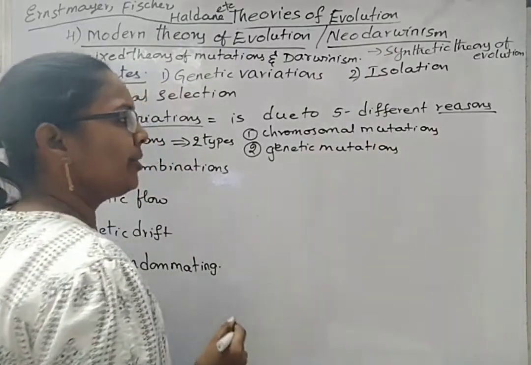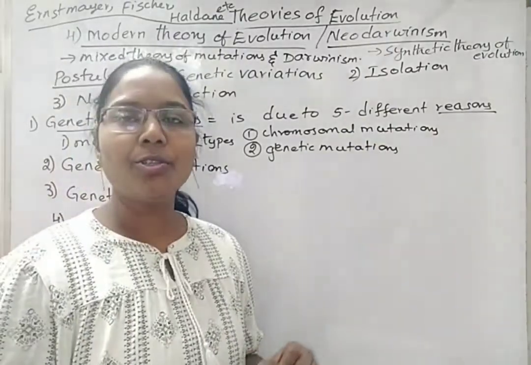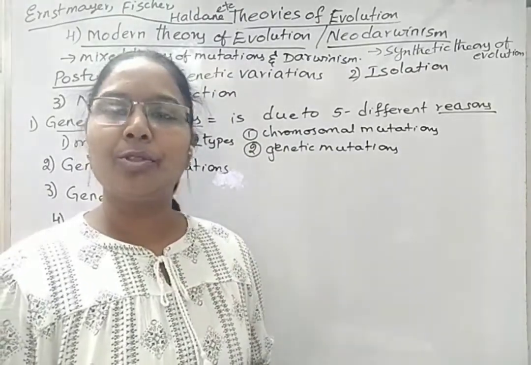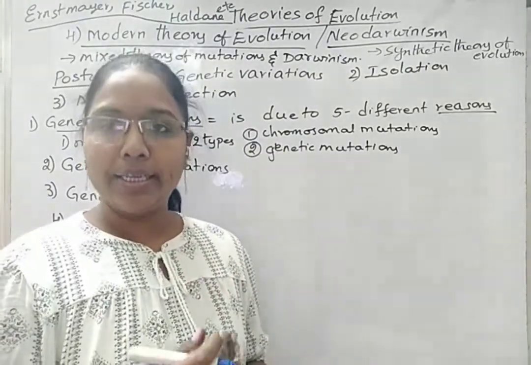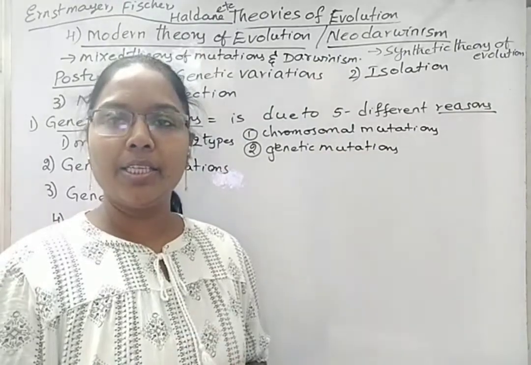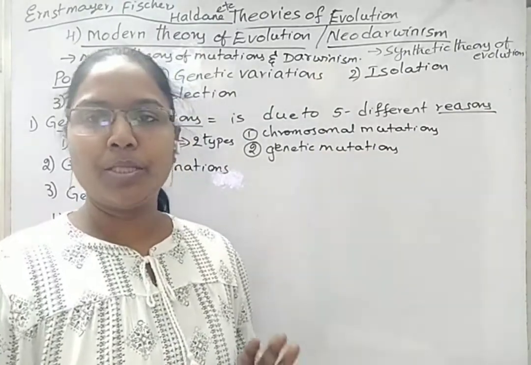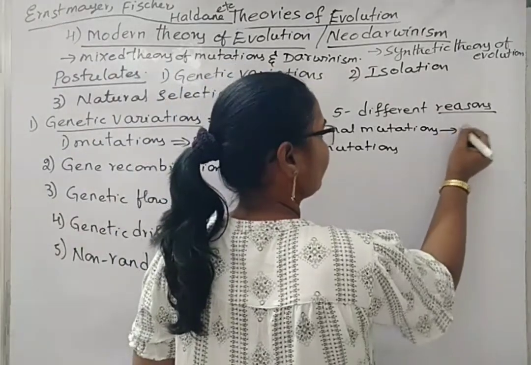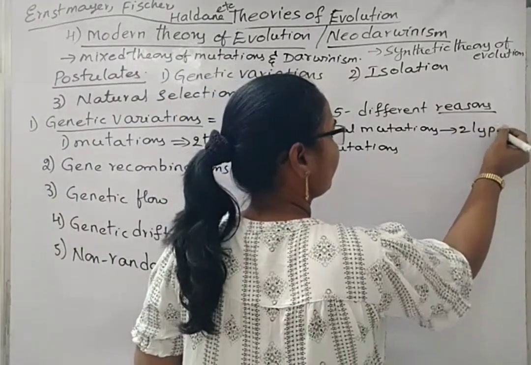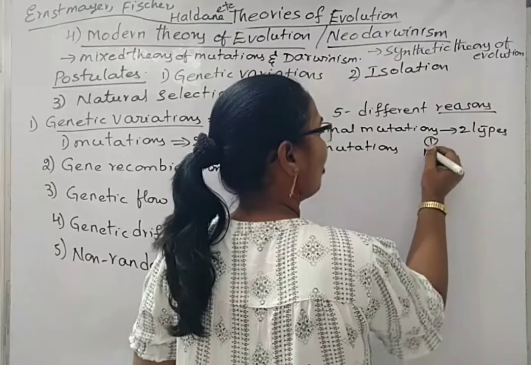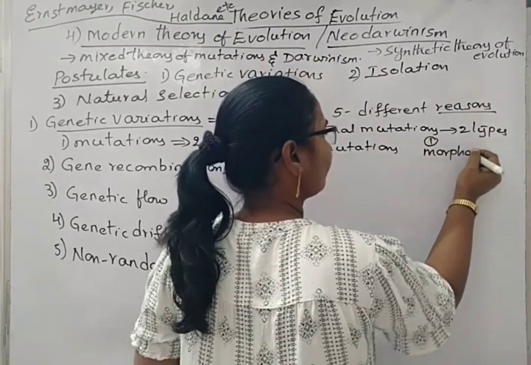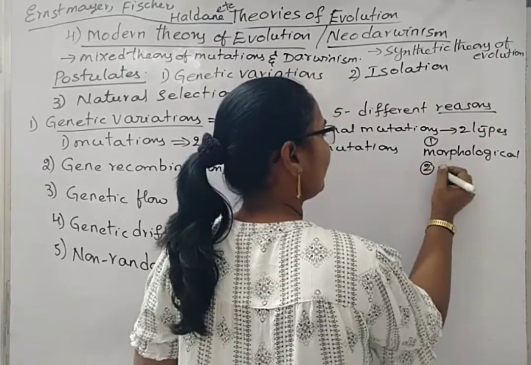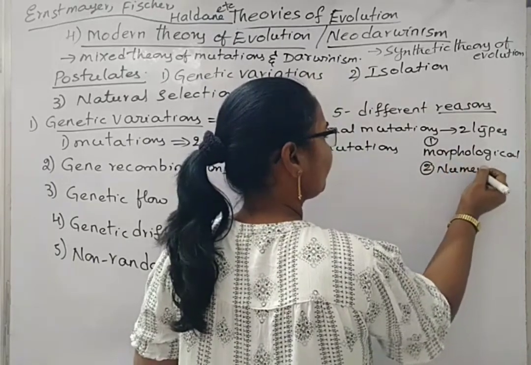In chromosomal mutations, because of sudden heritable changes, the complete structure of the chromosome may be changed, or it may disappear, or addition of new chromosomes may arise. This is of 2 types again. One is morphological mutations. Second one, numerical mutations.